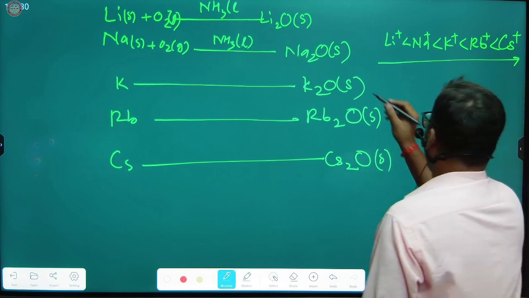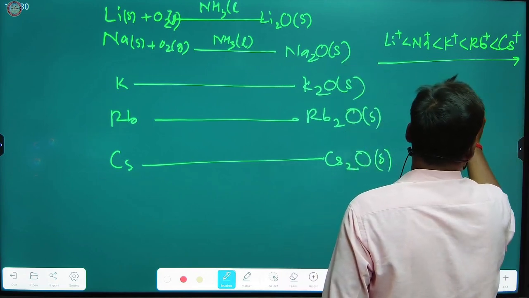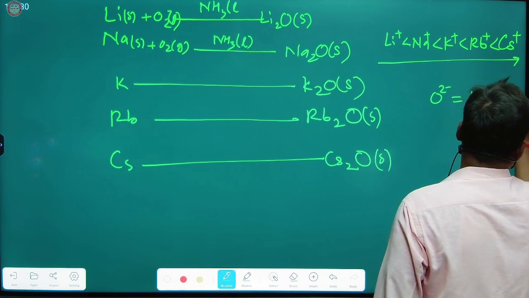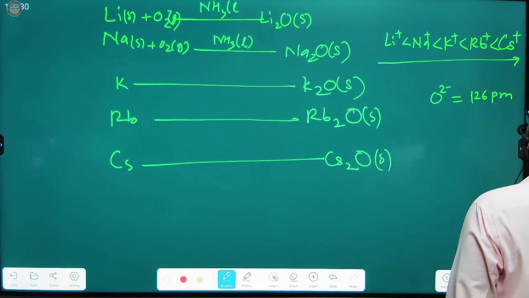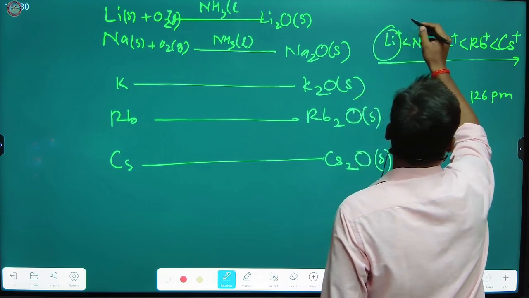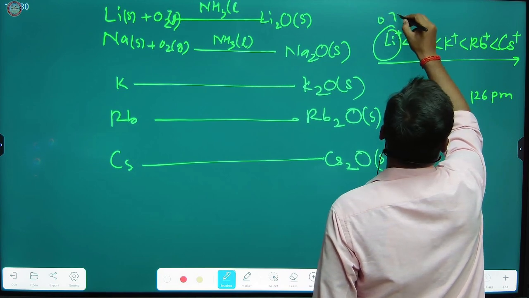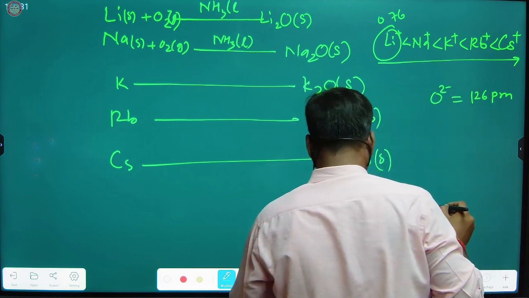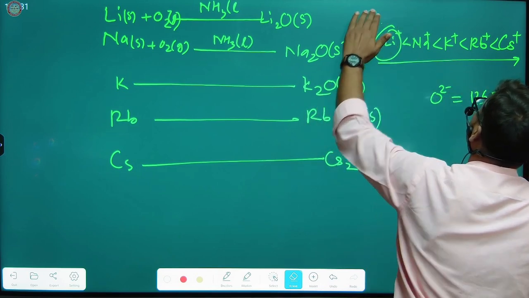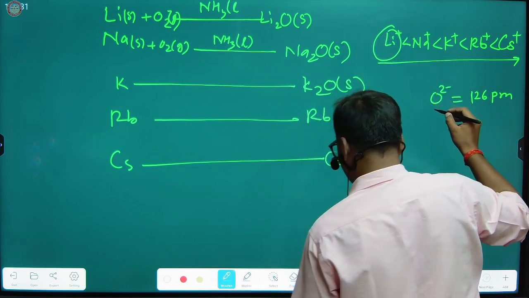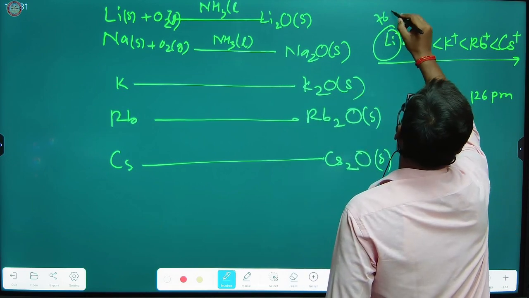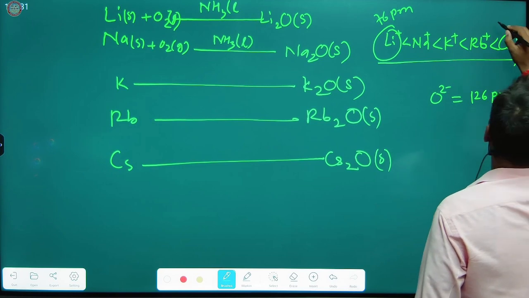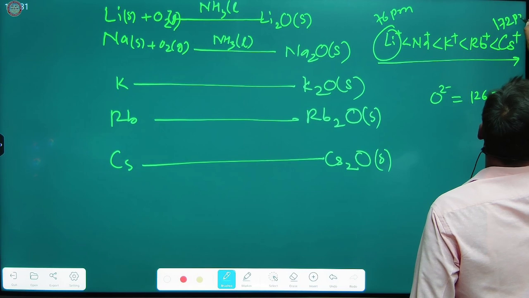So the oxide ion has ionic radius 126 picometer, okay, and lithium cation has 0.76 angstrom, or you can say 76 picometer, right? 76 picometer, and cesium has 172 picometer size.